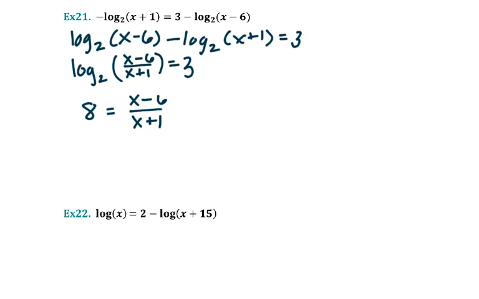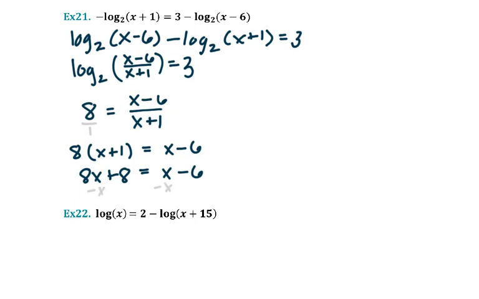Now I'm dealing with solving a rational equation. So if I think about that 8 as being over an invisible 1, I can cross multiply, which gives me 8 times x plus 1 equals 1 times x minus 6. Or 8x plus 8 equals x minus 6. So now we're solving a linear equation.